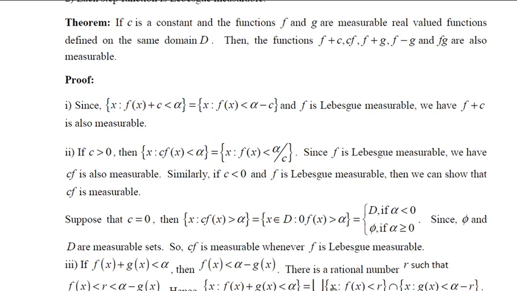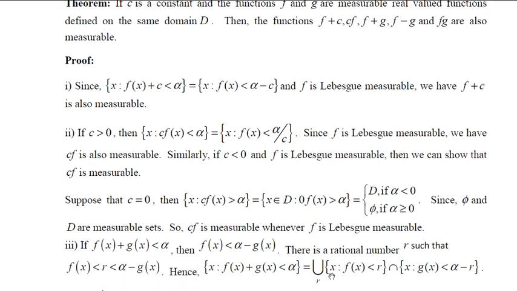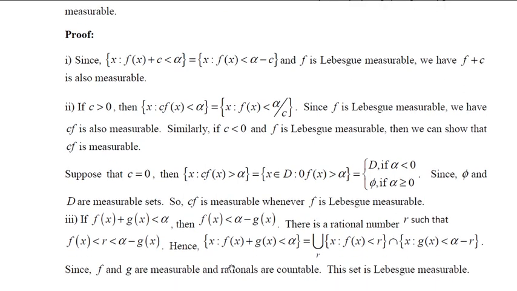For such x satisfying these conditions, this is true. But this is of the form set of all x where f of x is less than some real number, intersected with the set of all x where g of x is less than some real number. We know that f and g are Lebesgue measurable, therefore their intersection is also Lebesgue measurable, therefore their union is also Lebesgue measurable, hence this set is Lebesgue measurable.